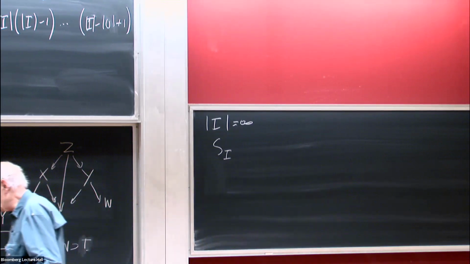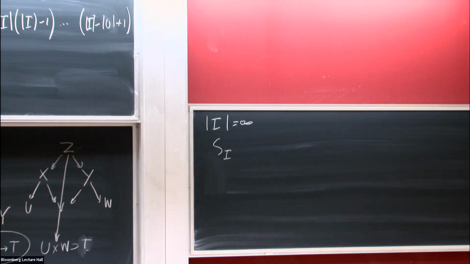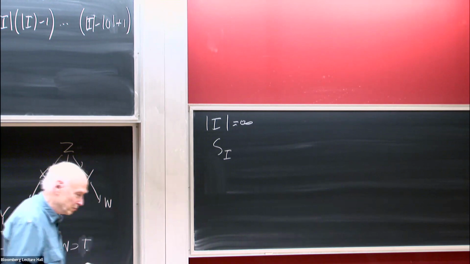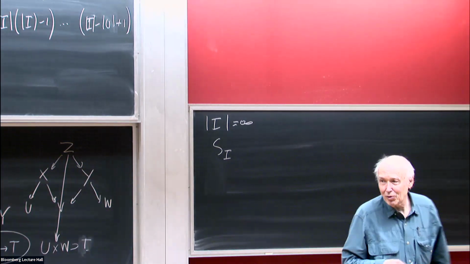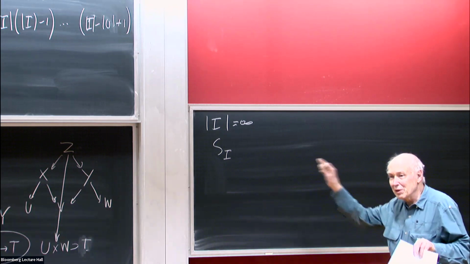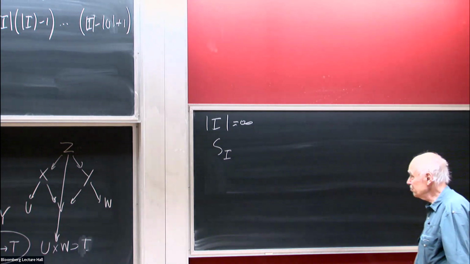You may take all permutations of the set, or you can take those that move only finitely many elements, and in the end it will not matter. And this kind of detail being not important will be true in many similar situations.